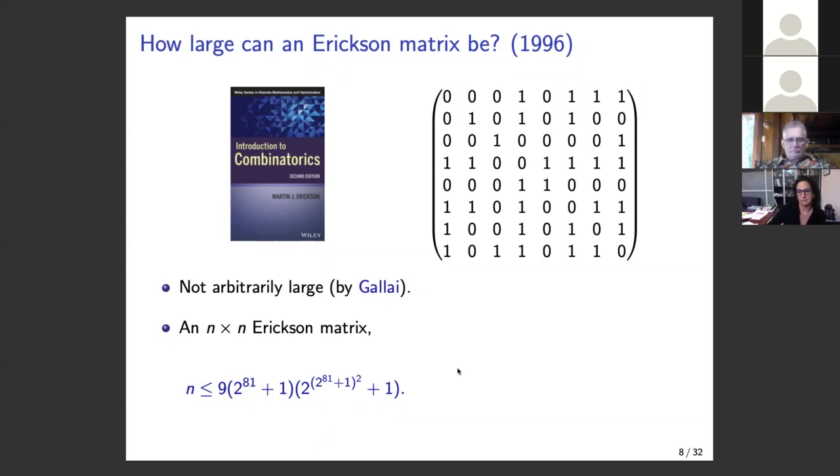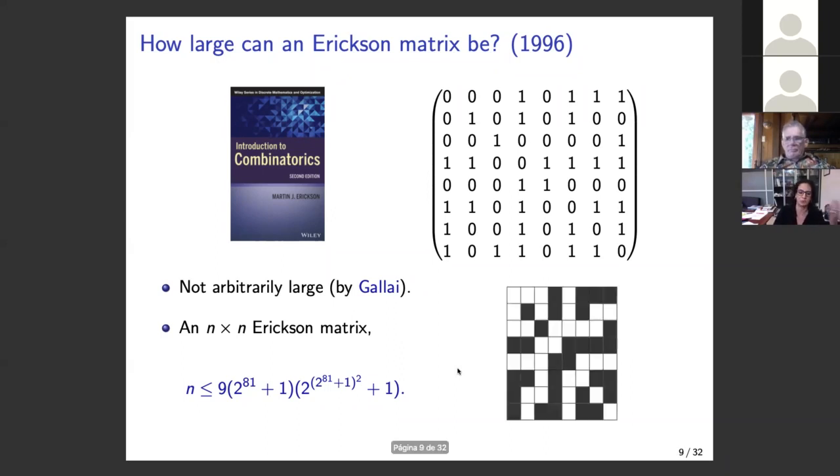As I told you, this can be stated in a coloring language, which is the most common to find in Ramsey theory. Instead of thinking of this as a binary matrix, you can think of it as a two-coloring of a finite grid.